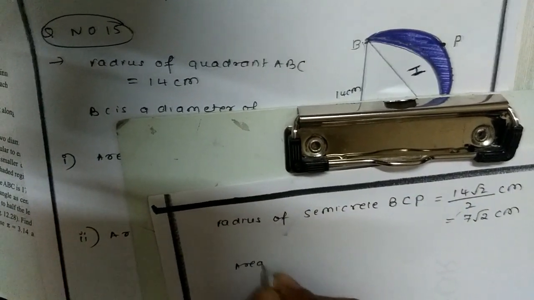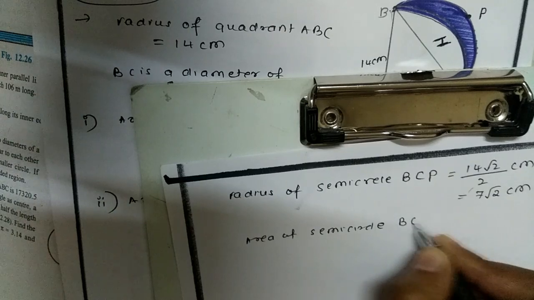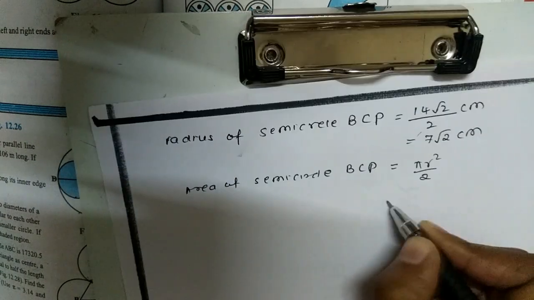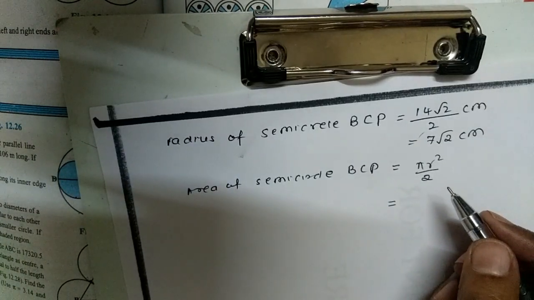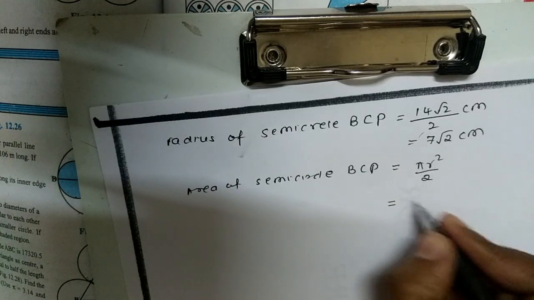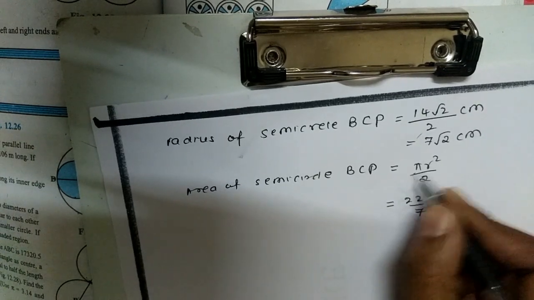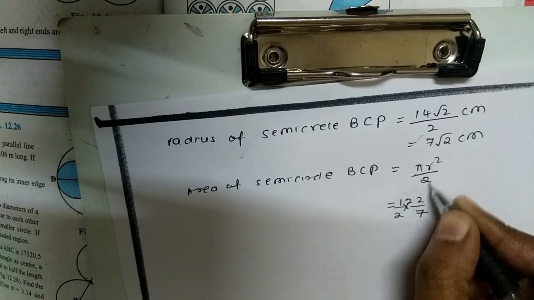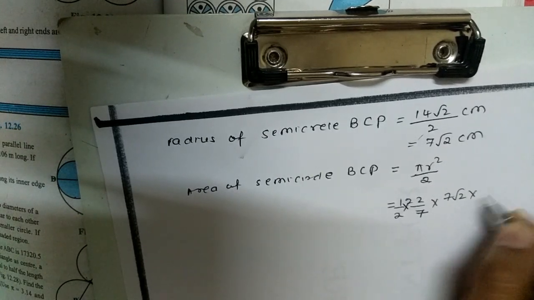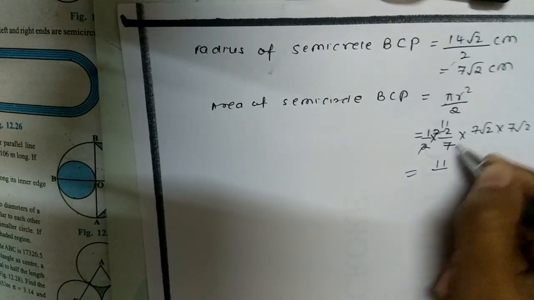So area of semicircle BCP equals pi r square divided by 2. Pi is given as 22 by 7, so take pi as 22 by 7. Then I'll take this 1 by 2 into pi, which is 22 by 7, into r, which is 7 root 2, square. So 2 11s are 22, so 11, and 7 and 7 get cancelled.